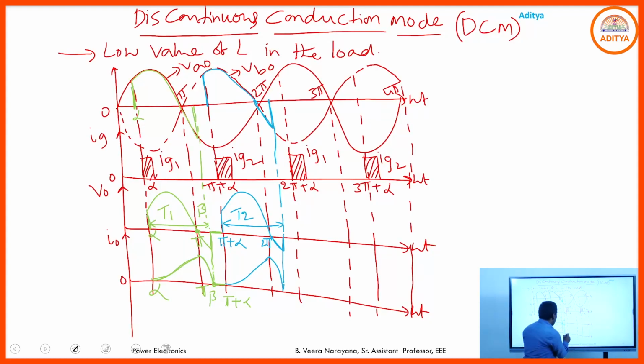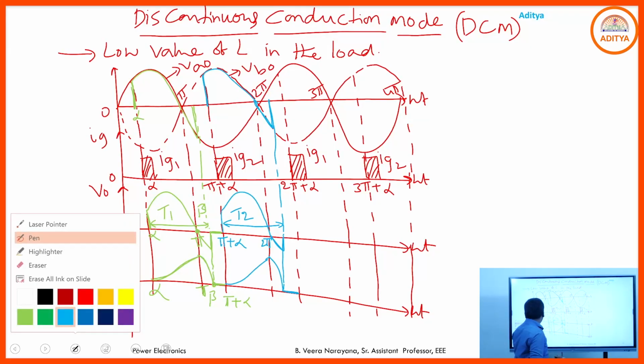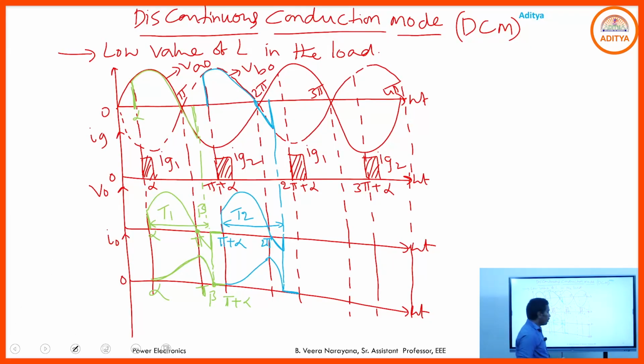And again in this instant both the thyristors are in the off state. Hence the output voltage is 0. Again during the positive half cycle, T1 is forward biased and T2 is reverse biased. Same at 2 pi plus alpha, if you provide the gate pulse to T1, again you have the output voltage like VA naught, and again the energy is stored in the inductor as it charges and again discharges.